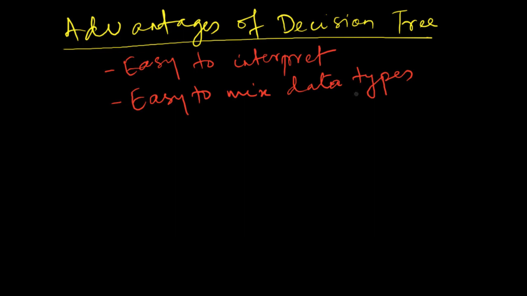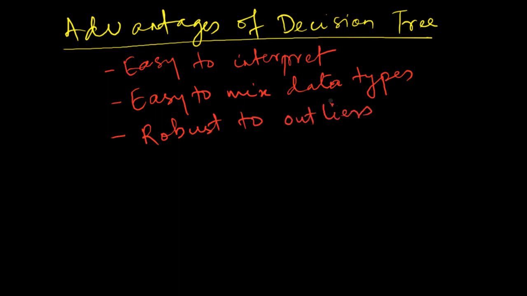So in decision trees, unlike your SVM and logistic regression, you could have a problem where you have both symbolic values as well as numerical values, and decision trees can handle them very easily. Although it is also possible to do this using SVM or logistic regression, it is not very natural in that case. The third advantage is that it is very robust to outliers.